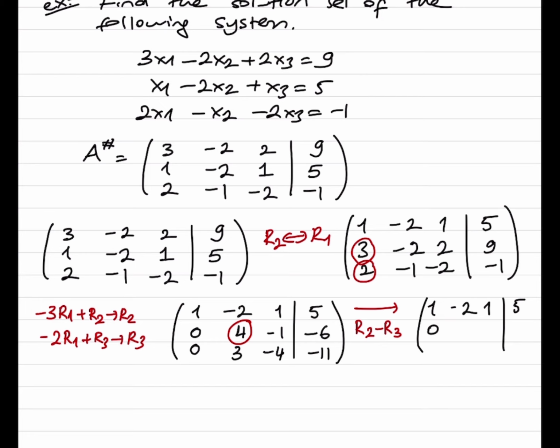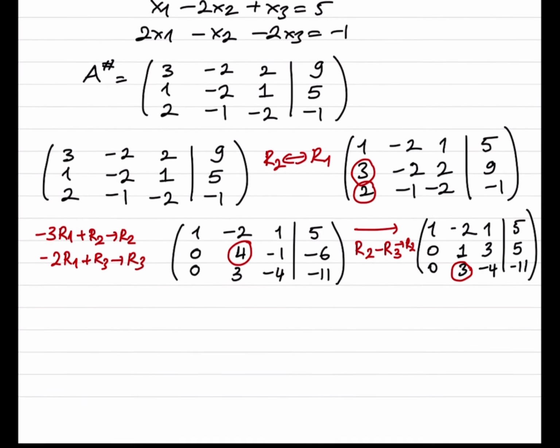We subtract the third row from the first row, so we have 1 here, minus 4, 4 minus 1, so we have 3 here, 11 minus 6, we have 5 here. Great. 0, 3, minus 4, minus 11, and now we will arrange this 3 to be 0.